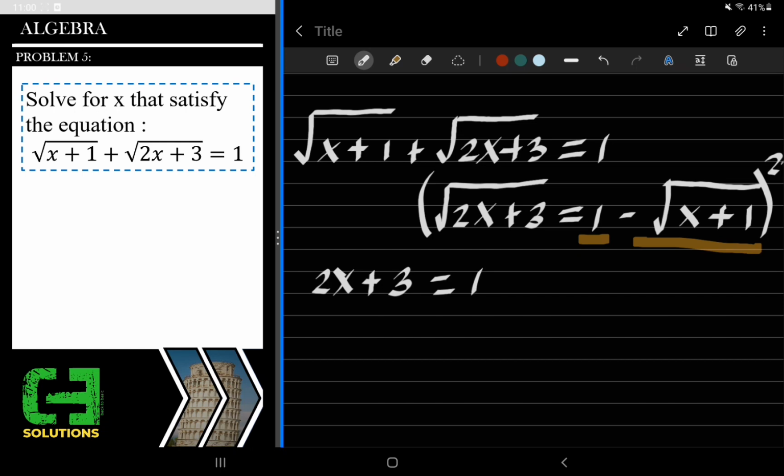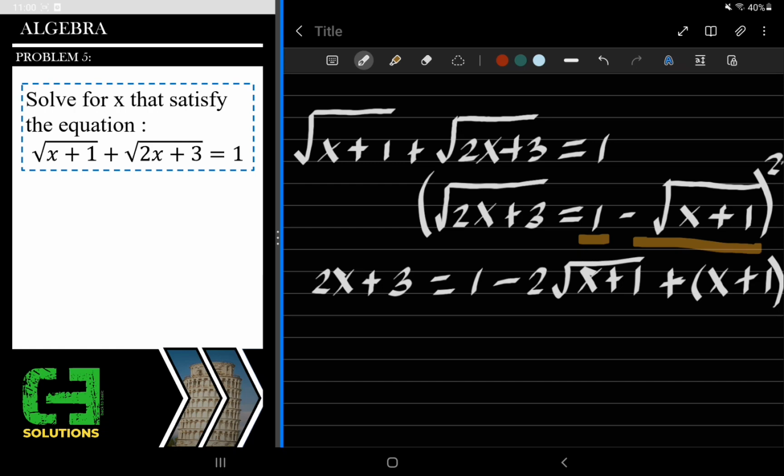Then the second term of the expansion is twice the product of the two terms, so 2 times 1 times negative square root of x plus 1, that is minus 2 square root of x plus 1. Then the square of the second term, so that is positive, the square of the square root of x plus 1, that is the quantity x plus 1.